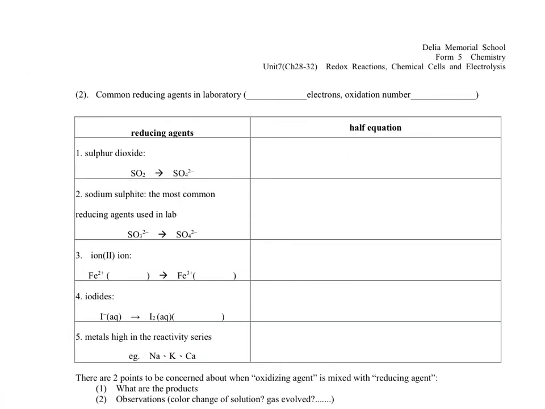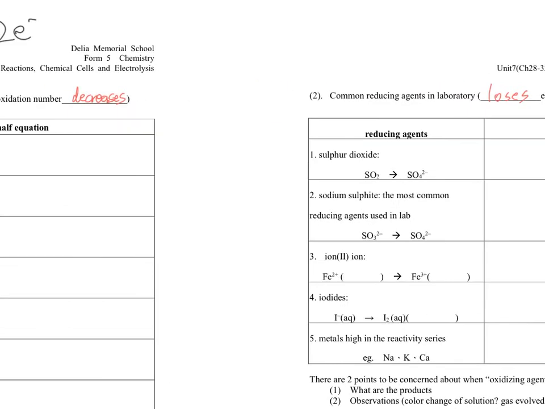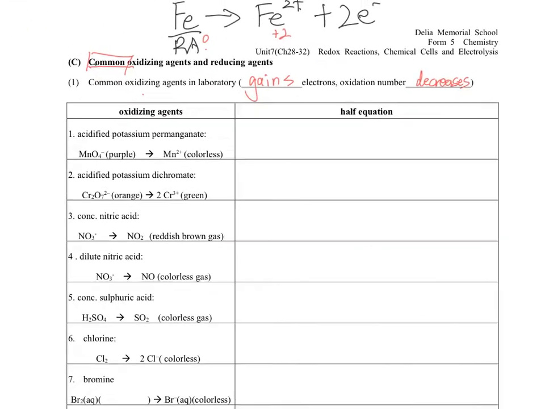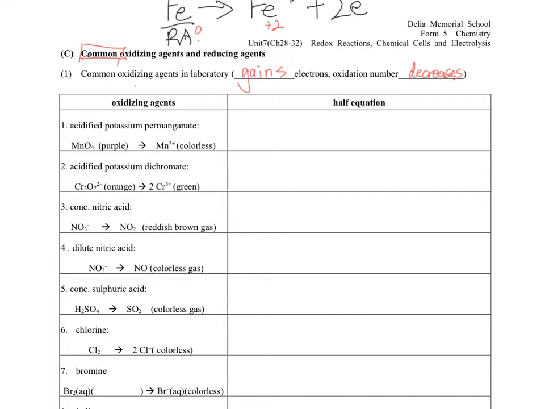On another page, this one should be losing electron and the oxidation number, as in iron, it increased from 0 to +2. So here it increases. So we know that for the oxidizing agent, all of them will gain electron.